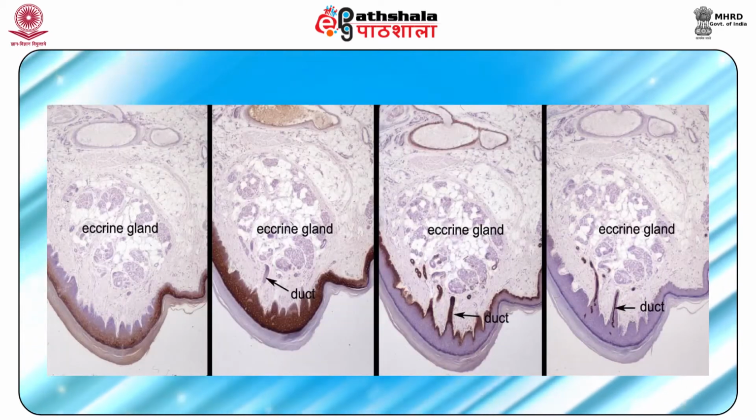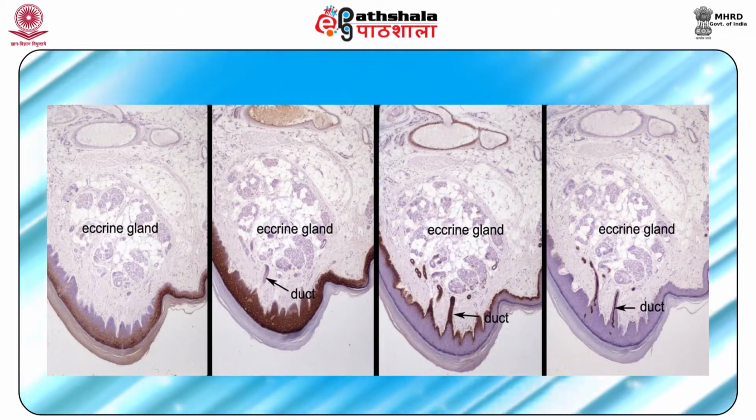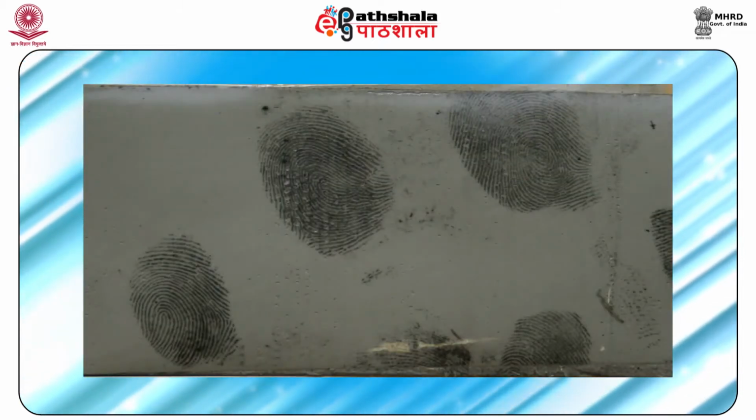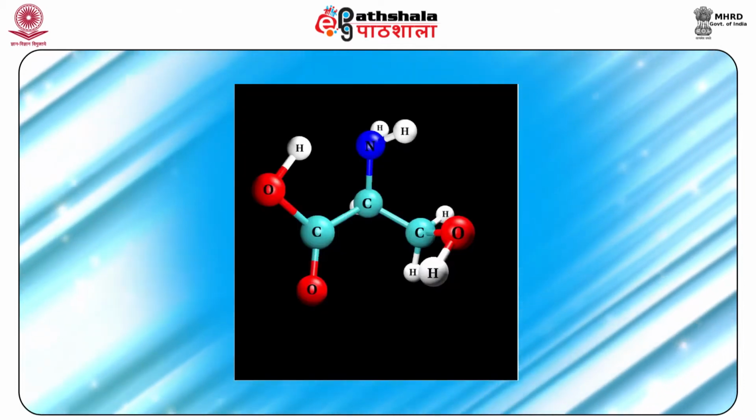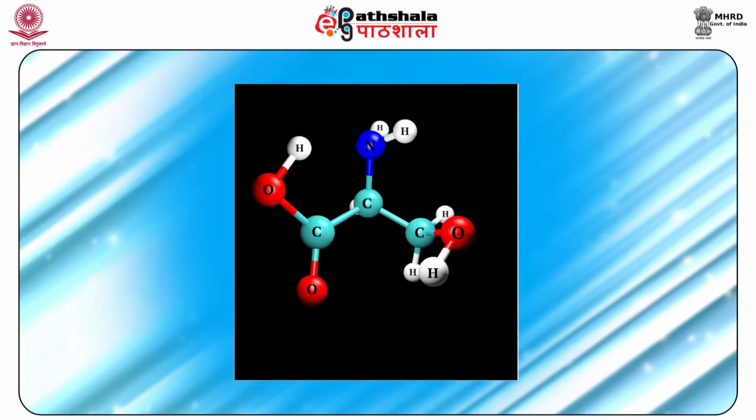The eccrine gland also secretes organic compounds of primary importance to the development of latent print rich detail, the amino acids. Serine is the most abundant amino acid.